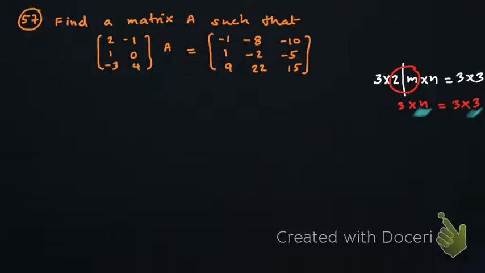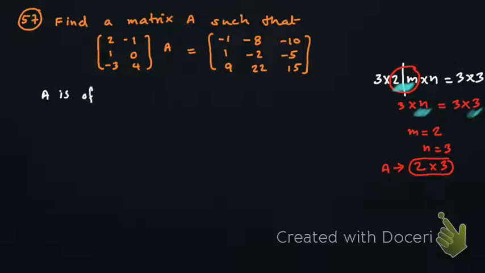So I figured out that m has to be 2 and n has to be 3. So the order of the matrix A is 2 by 3. What you are looking for is a 2 by 3 matrix. Since I know the order of matrix A, I am going to make an assumption.